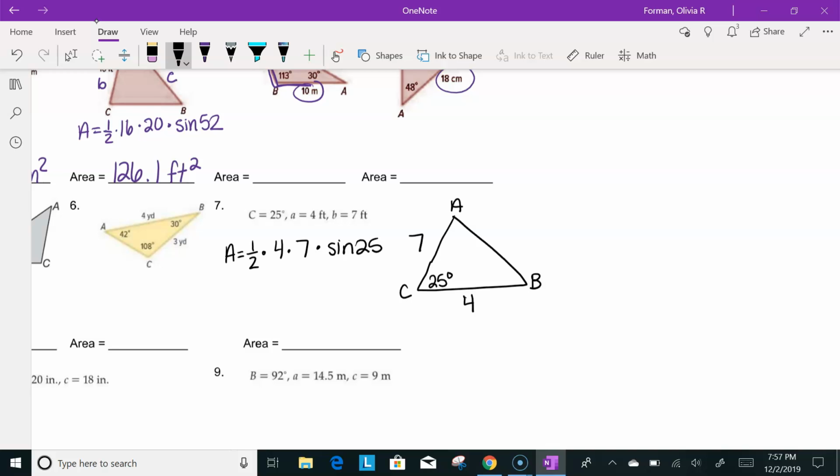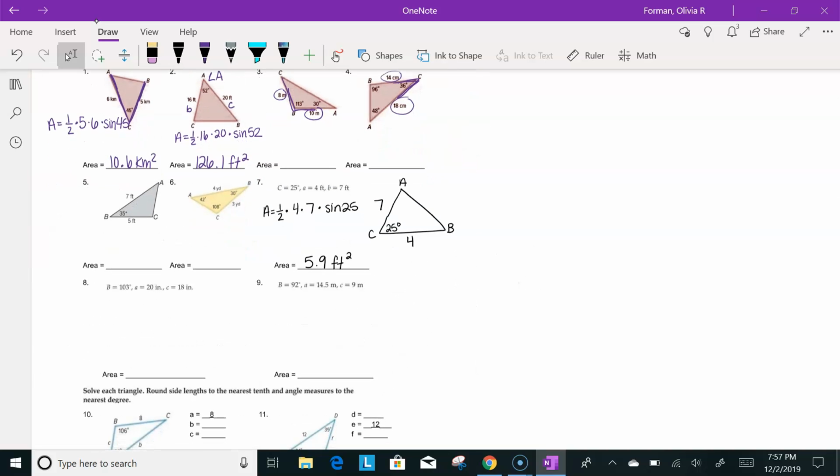I type it in, 0.5 times 4 times 7 times sine of 25. And I get that my area is about 5.9 square feet.